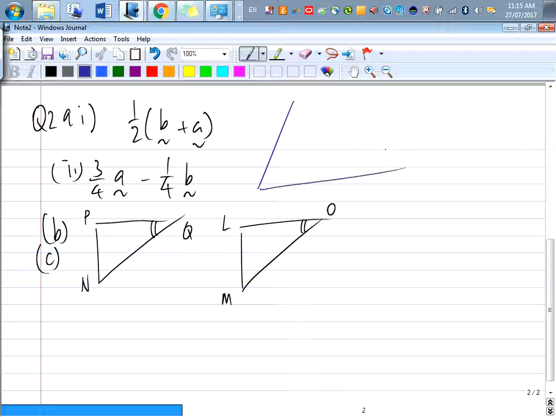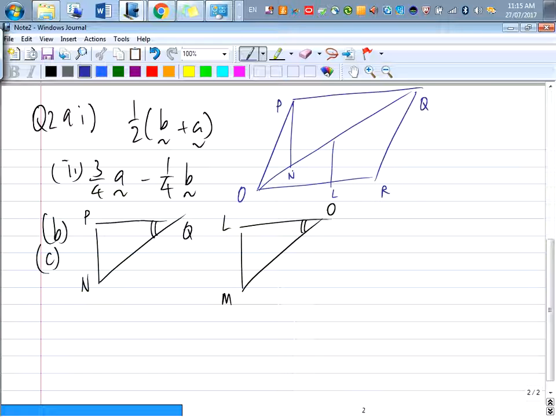Go and find these two angles in your original parallelogram. Ryan, have you seen it already?